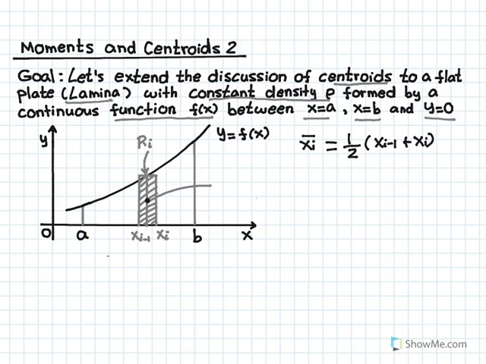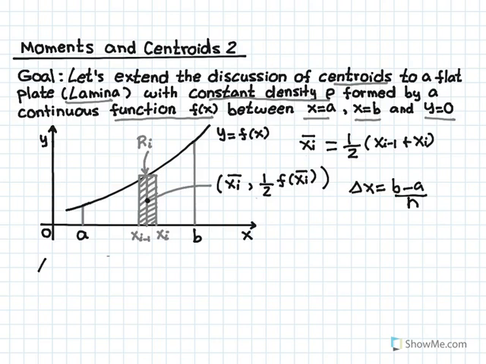So the centroid of this rectangle is xi bar, and the y-coordinate is simply 1/2 of the y value, 1/2 f of xi bar. And delta x is equal to (b minus a) over n. So we're going to develop the formulas using Riemann sums.